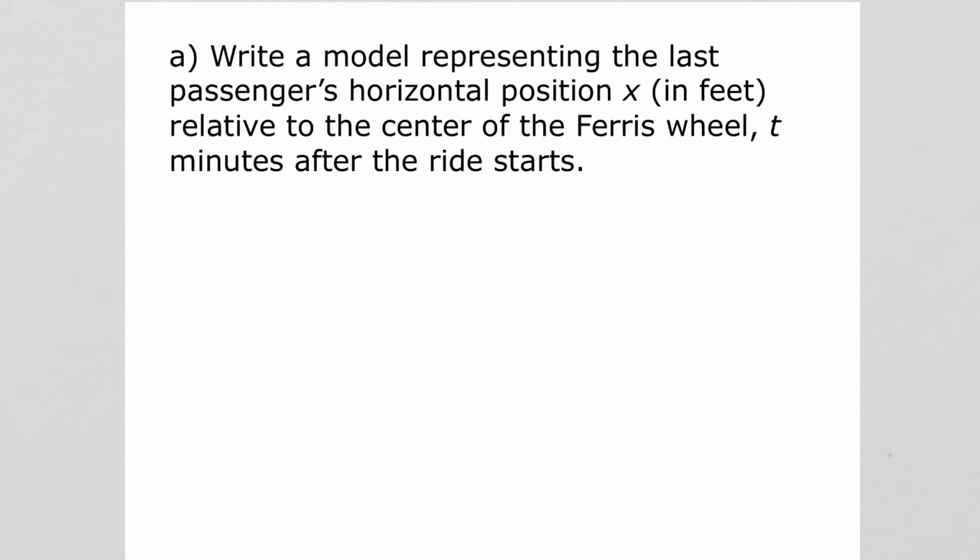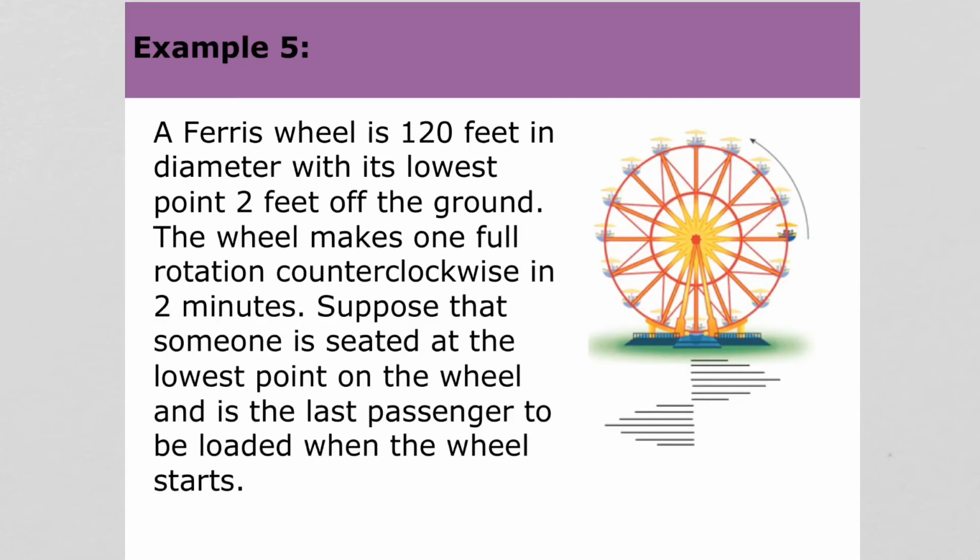So, first of all, we're going to need A. And we're thinking about this relative to the center. So we need the distance for this person from them to the center of the Ferris wheel.